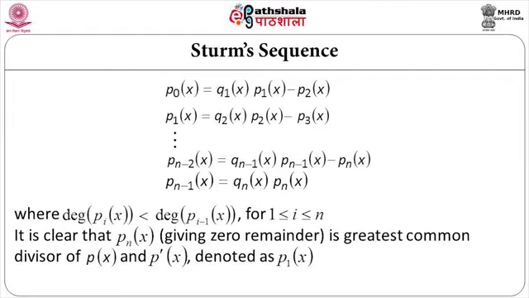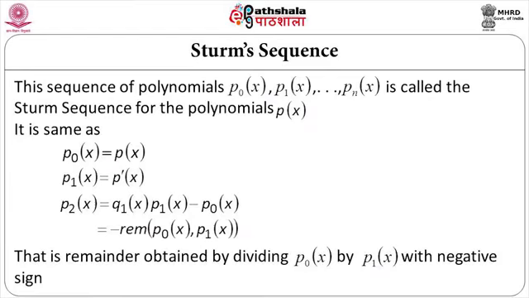So, once we have obtained this Sturm sequence, it is very clear that the degree of p i will be less than the degree of p i minus 1 x, and the greatest common divisor of p and p dash is p n x. So, this is how we go on, and this sequence we are going to use in determining the number of roots in the interval a to b.